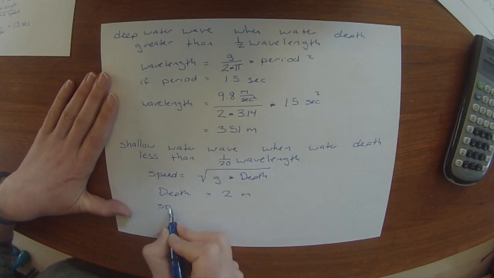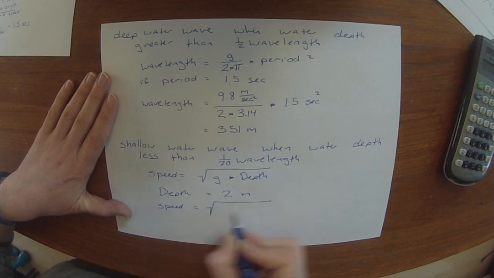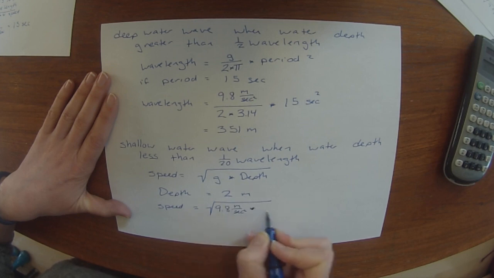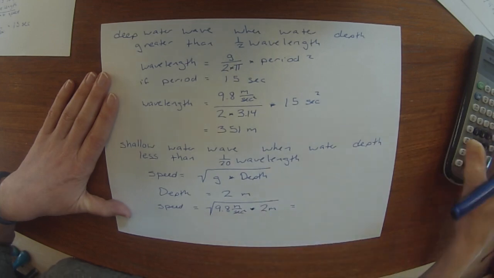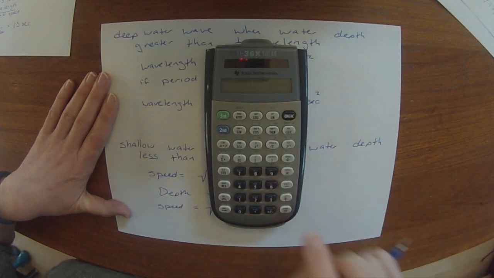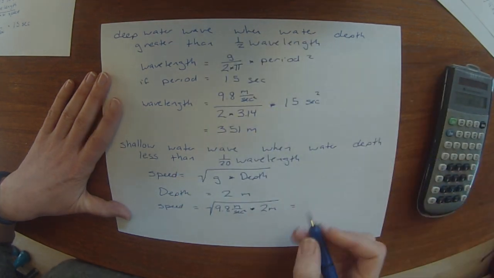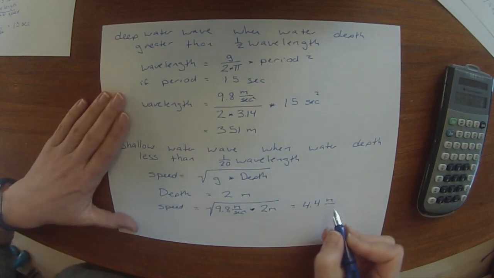Here we can see that the speed would be the square root of g, 9.8 meters per second squared, times 2 meters. Okay, so I'll take 9.8 times 2 equals, I'll take the square root of that, 4.4 meters per second.